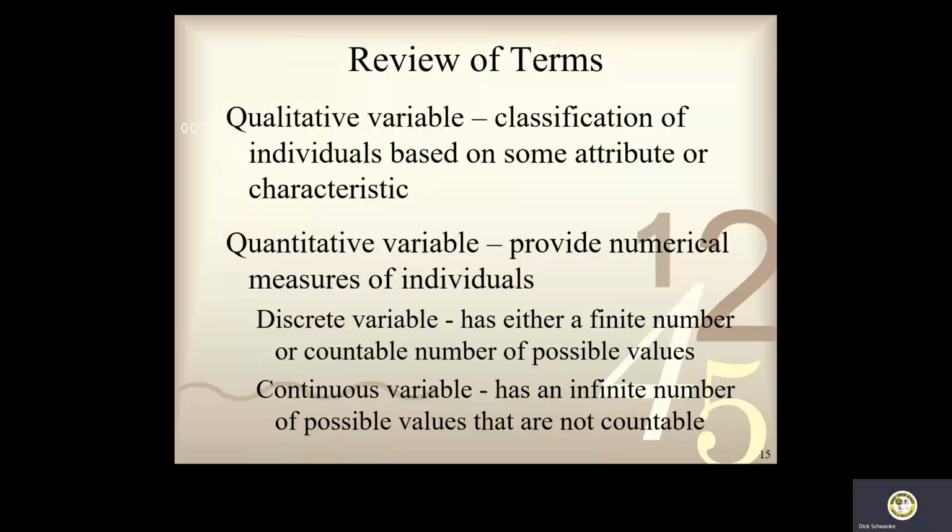So to review, there's qualitative, classification based on some attribute or characteristic, color, for example, and then quantitative, like we were doing here with the disposable incomes, providing a numerical measure of the individual. And it can be either discrete, a finite, countable number of possible values, or it can be continuous, an infinite number of possible values.